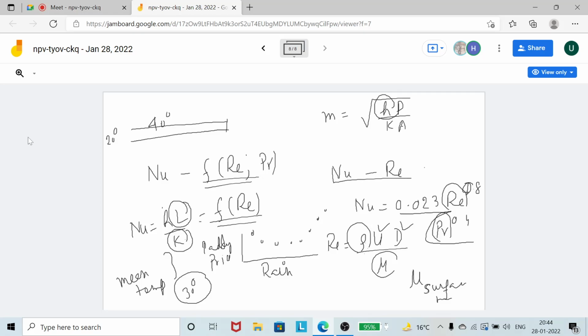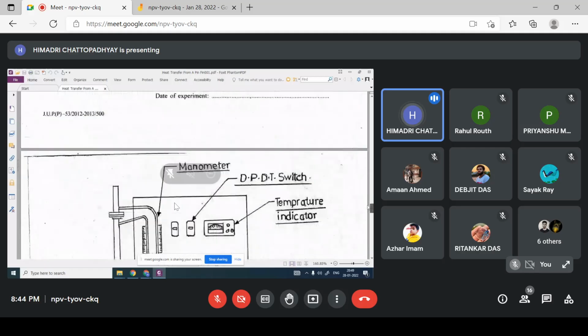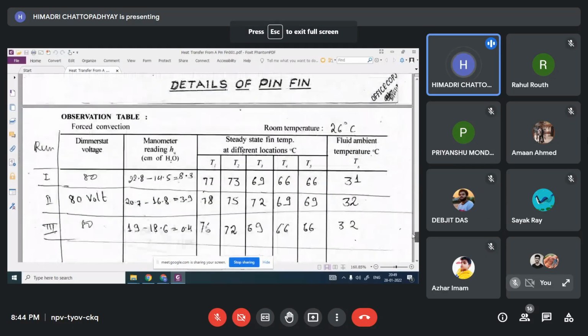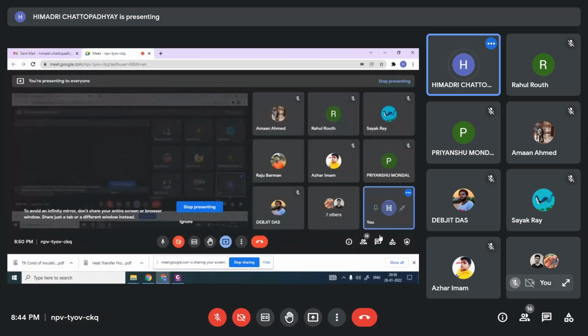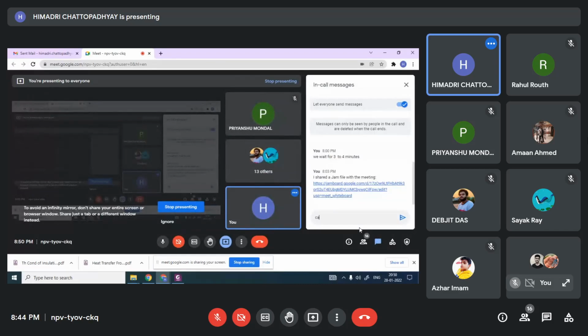These are clearly written and you can see the video. Then what is your task? Calculate the theoretical. So listen to me carefully. What you have to do: calculate and plot the theoretical temperature distribution along with experimental points.